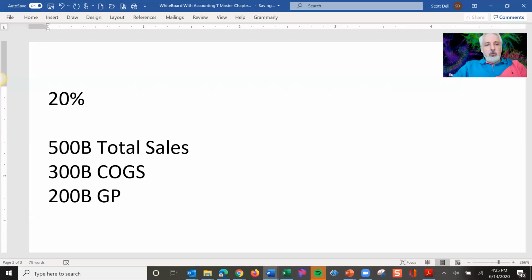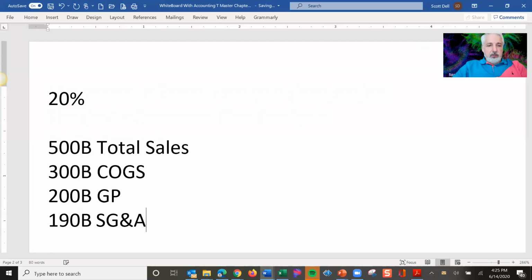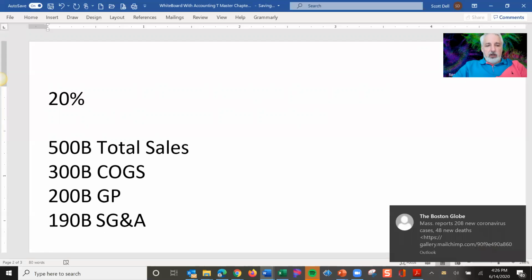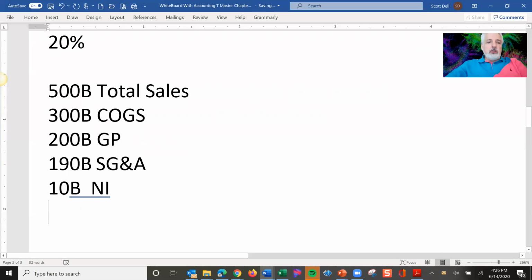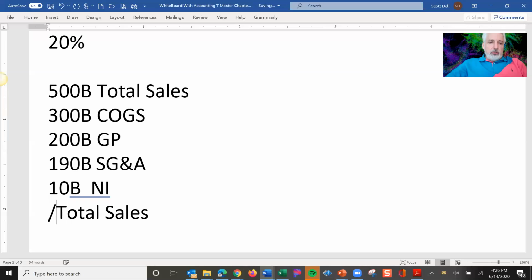And then if I told you we had SG&A, selling general administrative, of, let's say, 190. That should yield a net income of what? What's 200 minus 190? We got $10 billion net income. So if I do vertical analysis, I'm going to take my total sales in the denominator, and any one of those numbers I could do vertical analysis on.